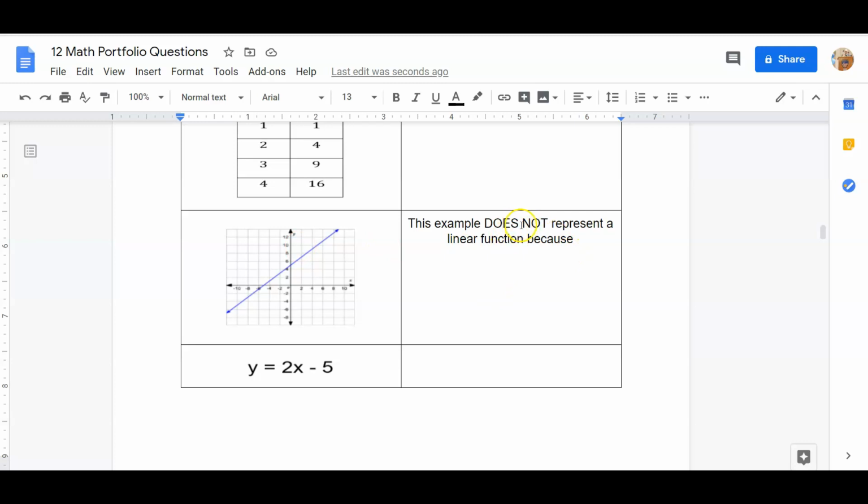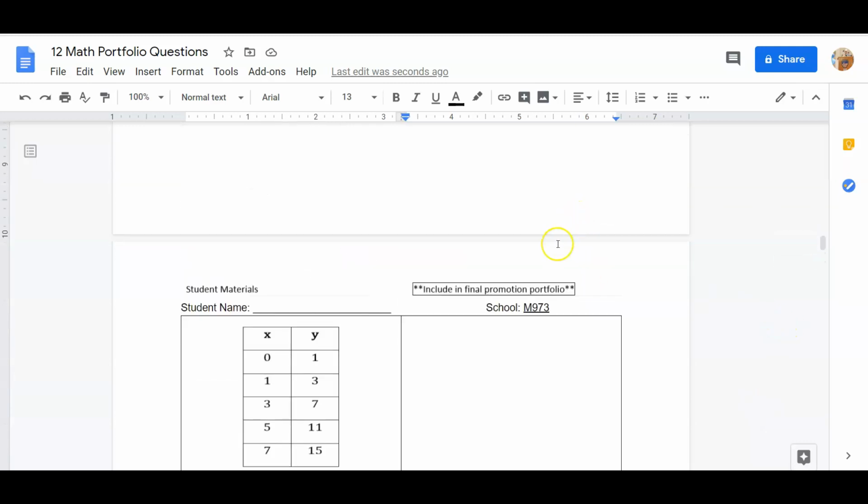If it is, remember, we would have to remove the not and say this example does represent a linear function because, now, again, when you describe how a linear function looks on a graph, that line has to be straight, right? So think of a way to explain how this is or is not a linear function. Is the line straight? Then it is. If the line is not straight, then it is not. And I think that's the only graph we have.